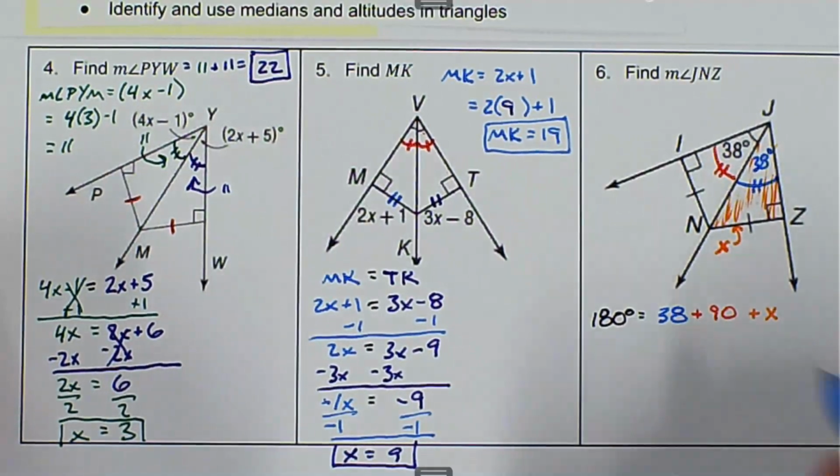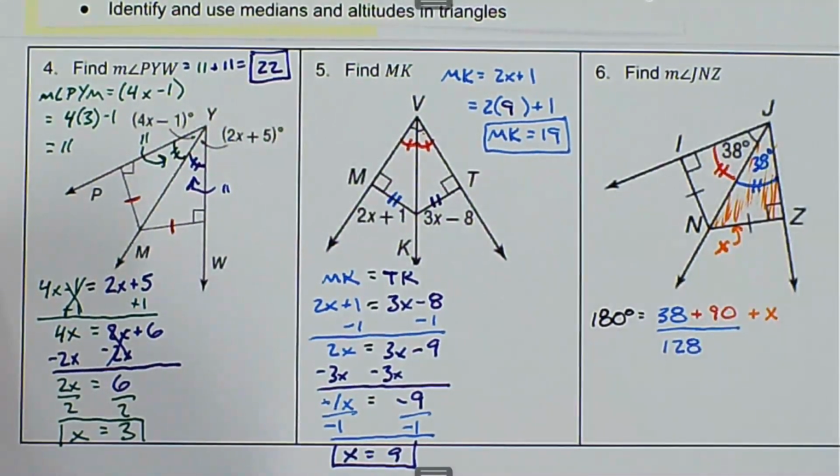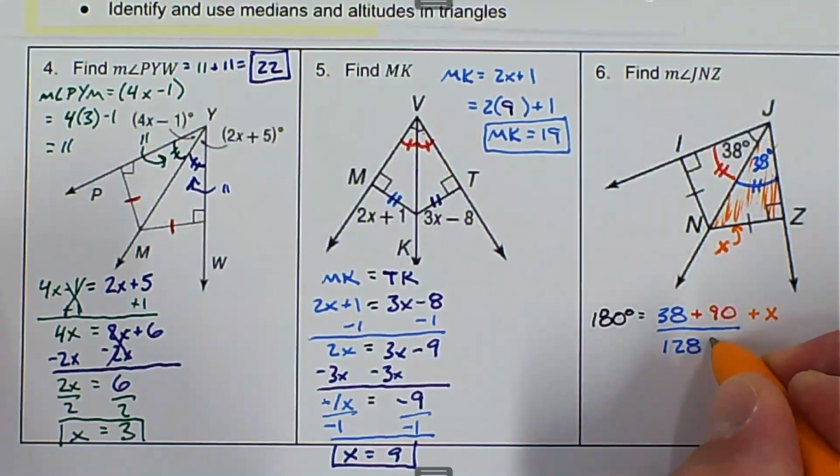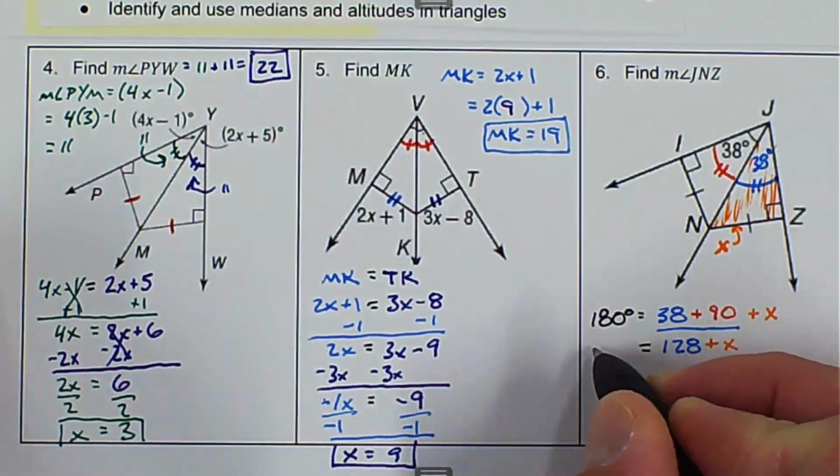We have two values here. We have 38 and 90, so we can add those together. And 38 plus 90 is 128. We still have our x value, and that is still equal to 180.